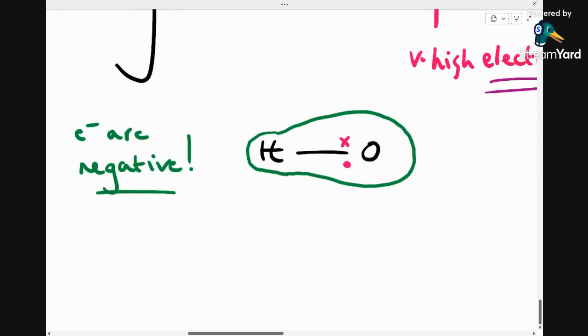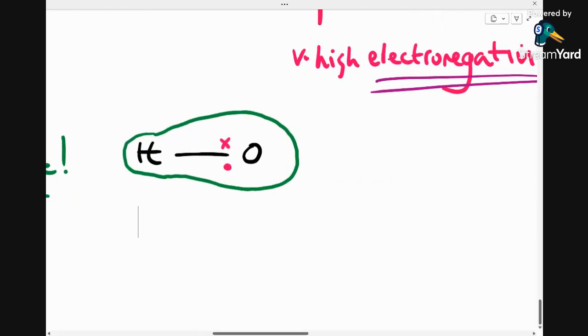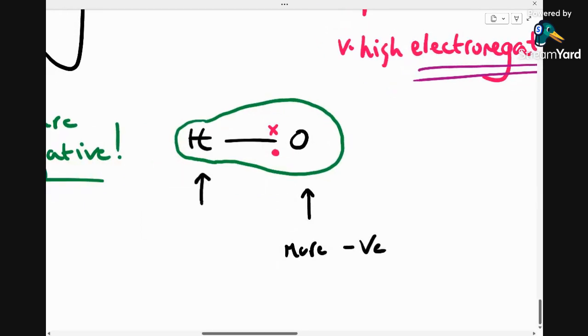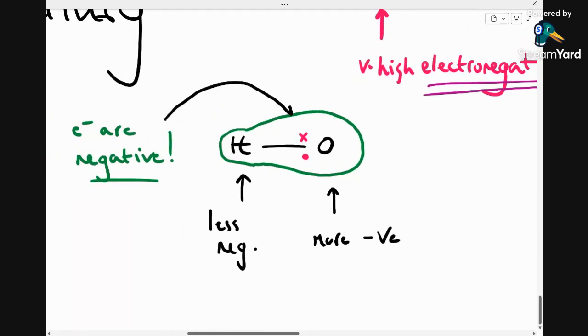Whereby at any given time, the electrons, probability-wise, are going to spend more time near the oxygen atom than the hydrogen. The important point here is because they're negative, we are more negative over here than we are near the hydrogen. This is less negative. Because the electrons that are negatively charged are spending more time near the oxygen than the hydrogen.